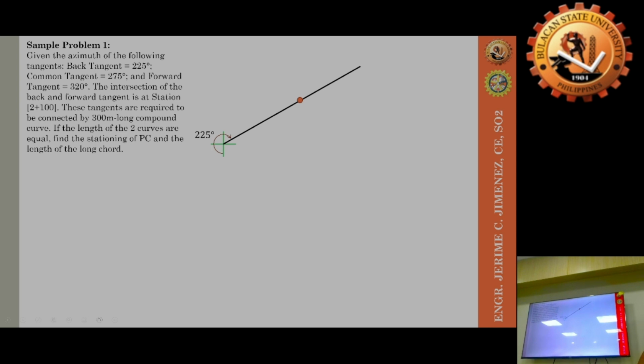I-drawing naman natin ang next ay common tangent. Okay? So, ito yung point natin. Drawing na tayo dito ng 275 degree angle. So, this is 275. Yan yung line natin. That will be your common tangent. Next is the forward tangent. Okay? Assume natin dito yung line, yan yung point. Drawing tayo ngayon dyan ng 320 degree angle.